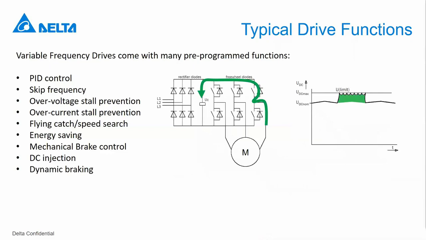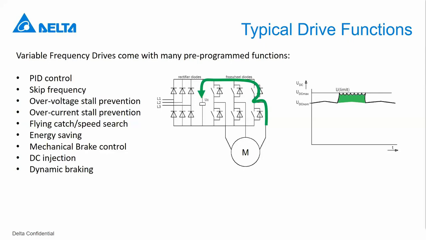Then you also have dynamic braking. So in many applications the load is actually pulling on the motor, which starts to work as a generator. So instead of having the drive feeding energy into the motor, now it's the motor which is feeding energy back into the drive. But the input of the drive is a diode rectifier, so there is no way for that energy to go back into the main supply.